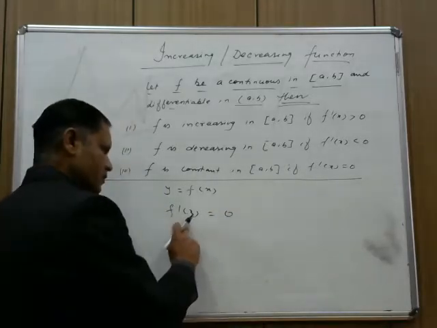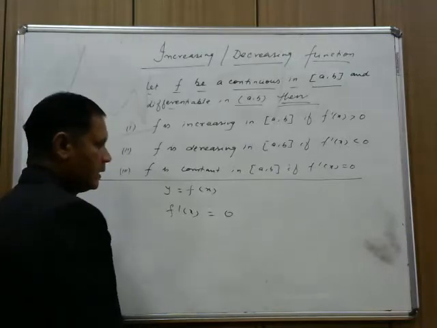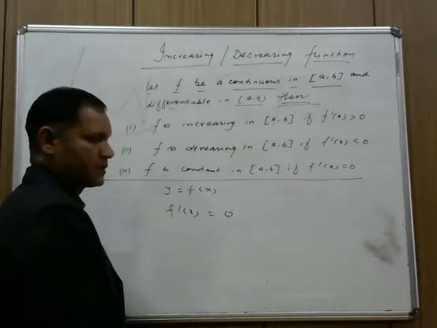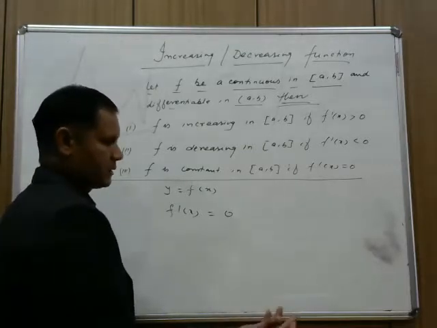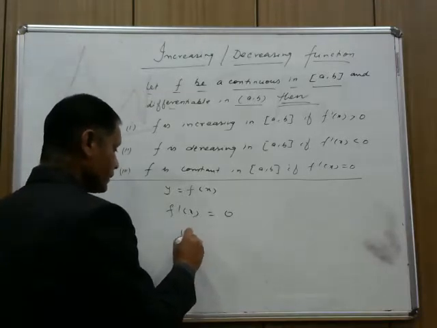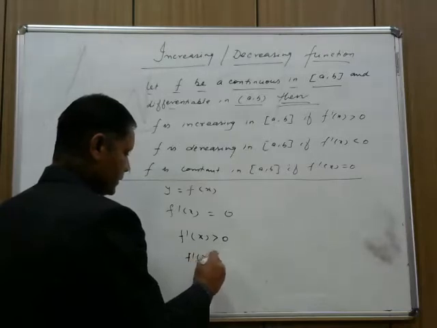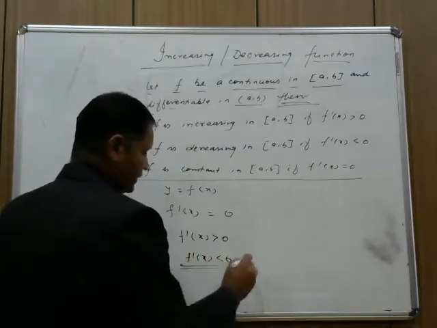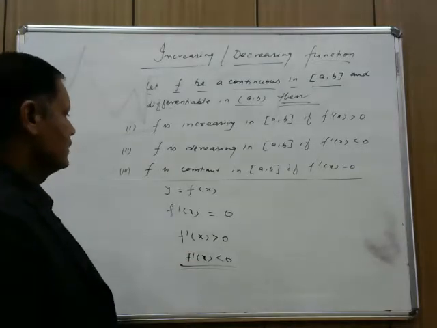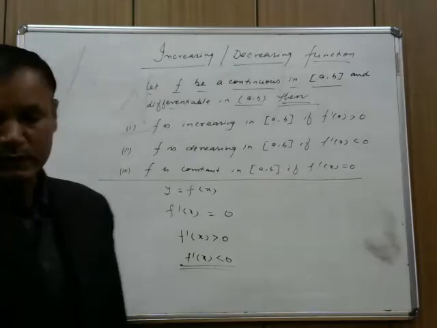When I put f dash of x equal to 0, you will get some values of x, let them be c1, c2, c3, or x1, x2, x3. Then find for what values f dash of x is greater than 0 and f dash of x is less than 0. That interval will be the answer: in that interval it will be increasing or decreasing.